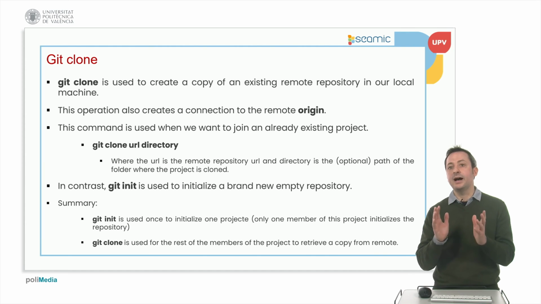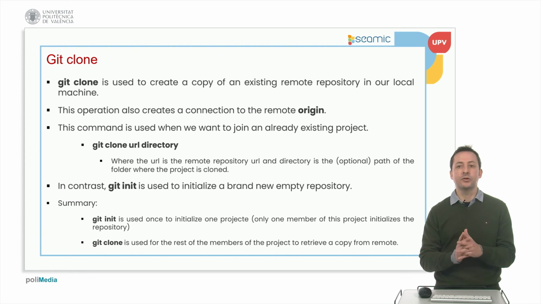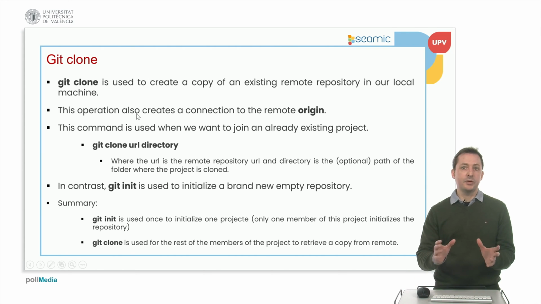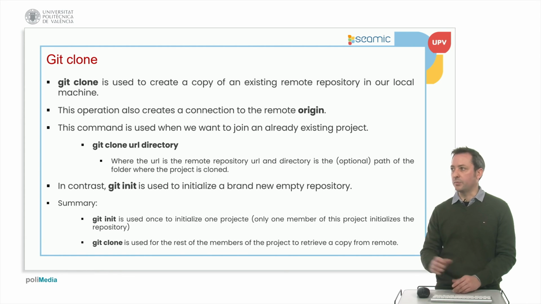And if you have an already existing repository in a remote, you can bring it to your local machine and start working. This is performed by the git clone operation. This operation creates a connection between your local and your remote repository. So basically, when you have a remote repository, you can clone it by accessing this directory.